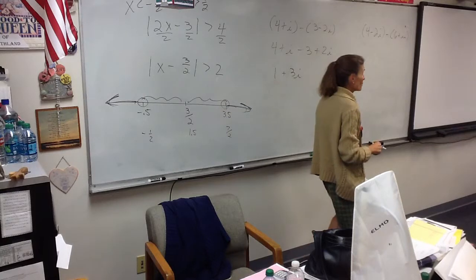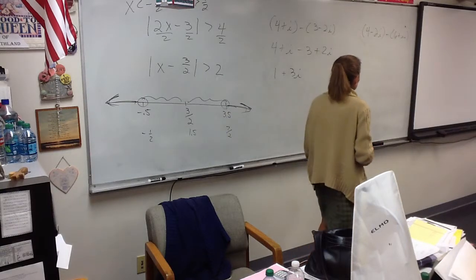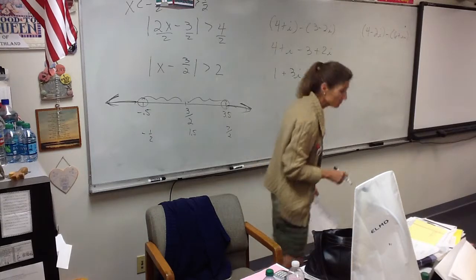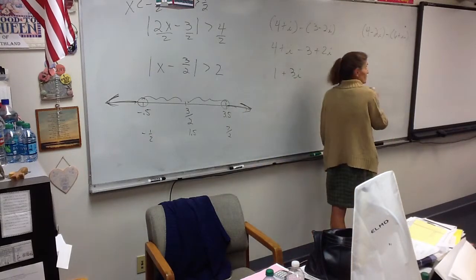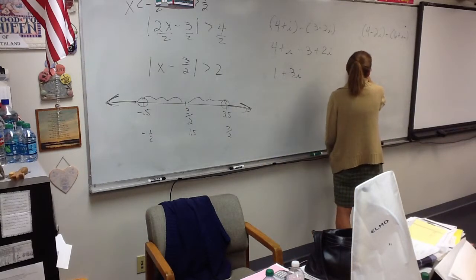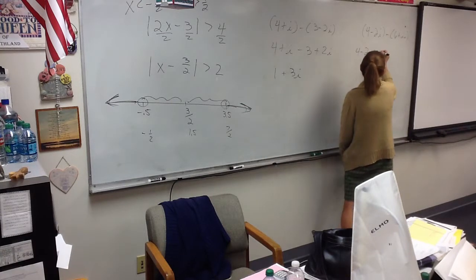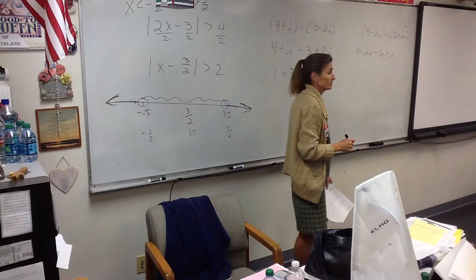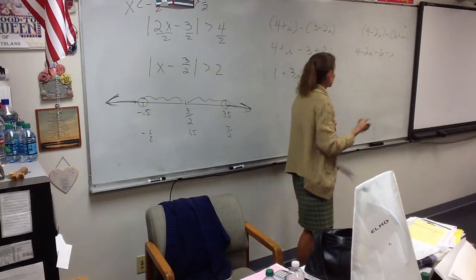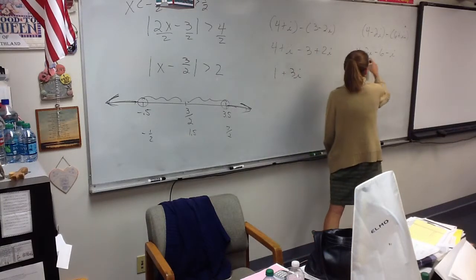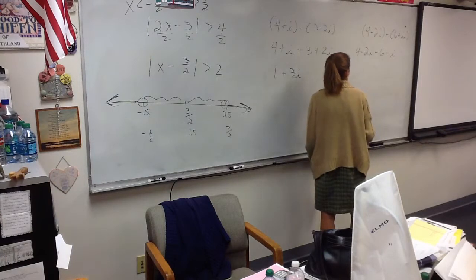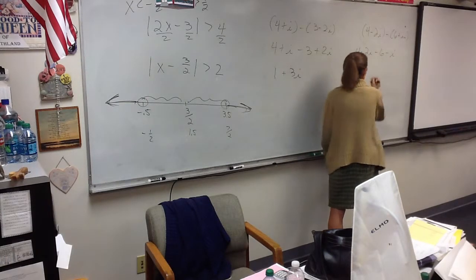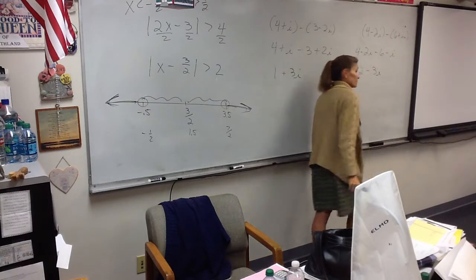So what will I do first? Distribute, yep. So far, so good? Now I'll just collect my terms. So here's a 4 minus 6. What's that? And a negative 2 minus i. Here we go. That's the answer.